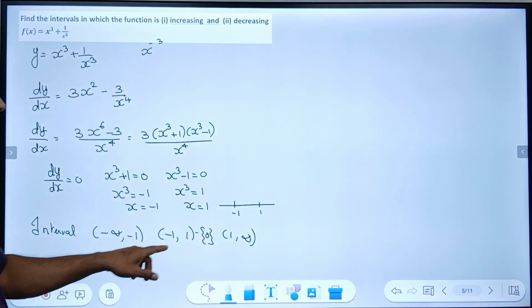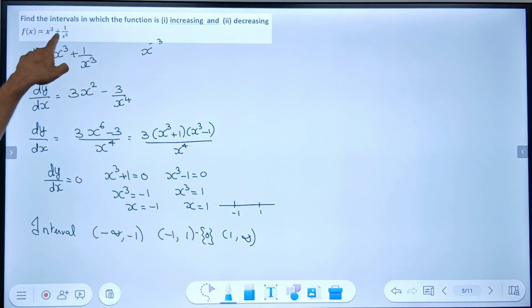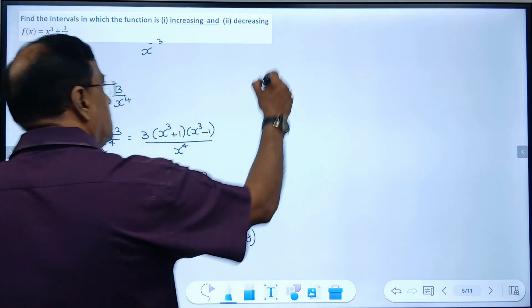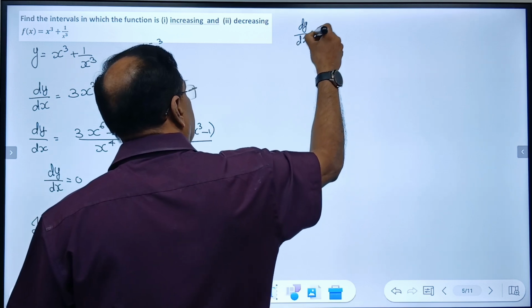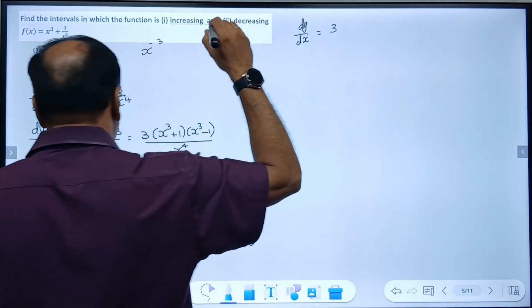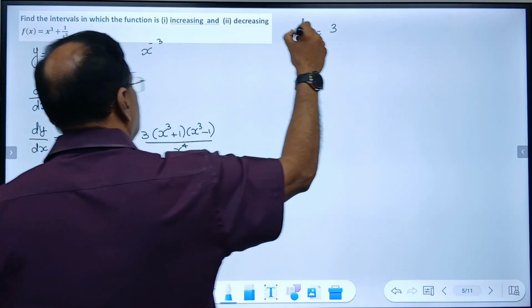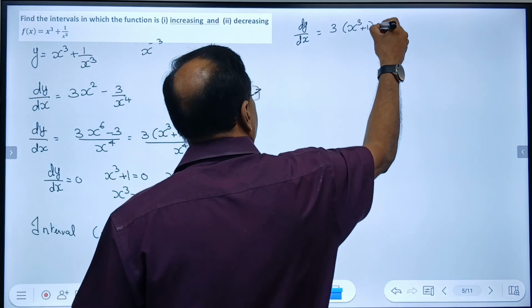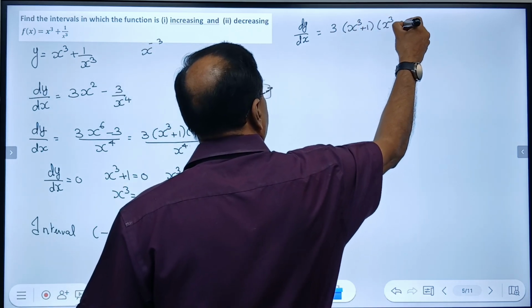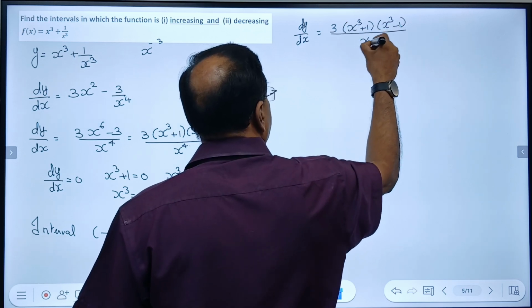So minus 1 comma 1, 0 cannot be there because at 0 the function does not exist. Now take dy by dx. What is my dy by dx? My dy by dx will be 3 times x cube plus 1 into x cube minus 1 divided by x power 4.